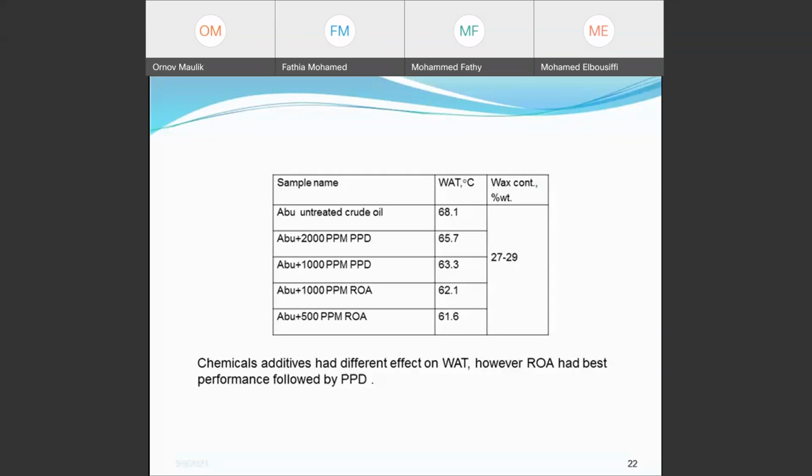As you see here, the Abu Tartour untreated is 68 and it decreases on adding 2000 PBD, and 1000 ROA as well. So here ROA had the best performance, followed by PBD.